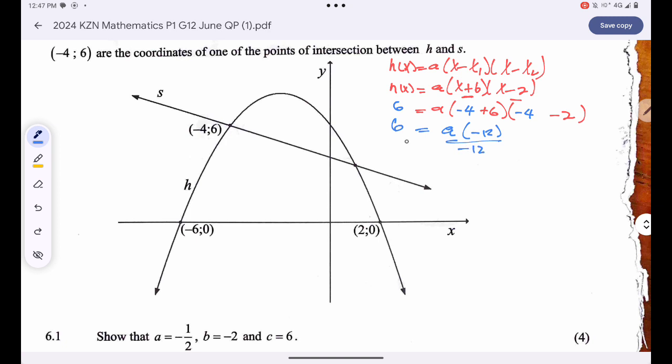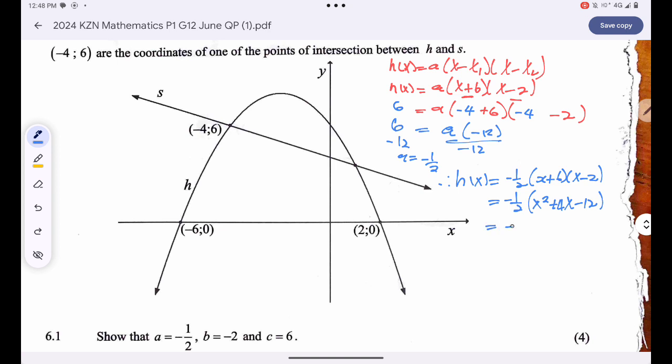If we divide both sides by -12, then a will simply be equal to -½. Therefore, the graph of h(x) is equal to -½(x + 6)(x - 2). Just multiply out the brackets. You'll have x squared, minus 2x plus 6x, that's plus 4x minus 12, and then multiply the entire bracket by -½.